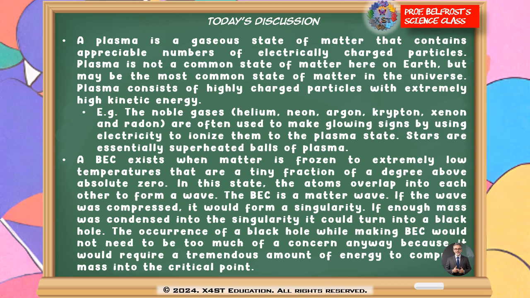A very tiny space that holds very great mass. If enough mass was condensed into the singularity, it could turn into a black hole. The occurrence of a black hole while making a BEC would not need to be too much of a concern anyway, because it would require a tremendous amount of energy to advance to a critical point.